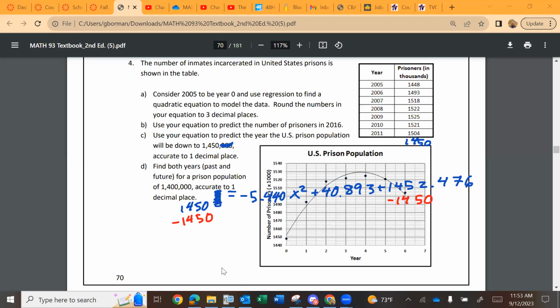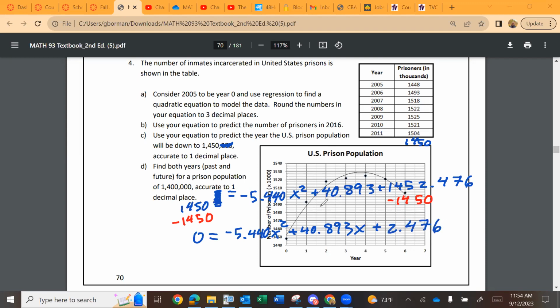That gives me a 0 on one side, and on the other side I get all this other wonderful stuff. If I subtract that, I'm going to get 2.476.